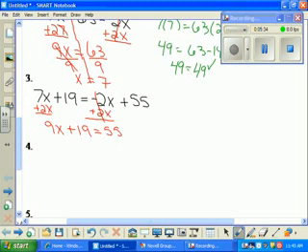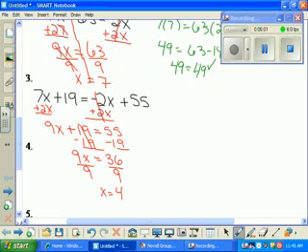And you should be showing me all of these steps, okay? All right, am I done? What do I need to move next? James has got this stuff down pat. All right. So 9x equals 36. Am I done? How do I get rid of that?